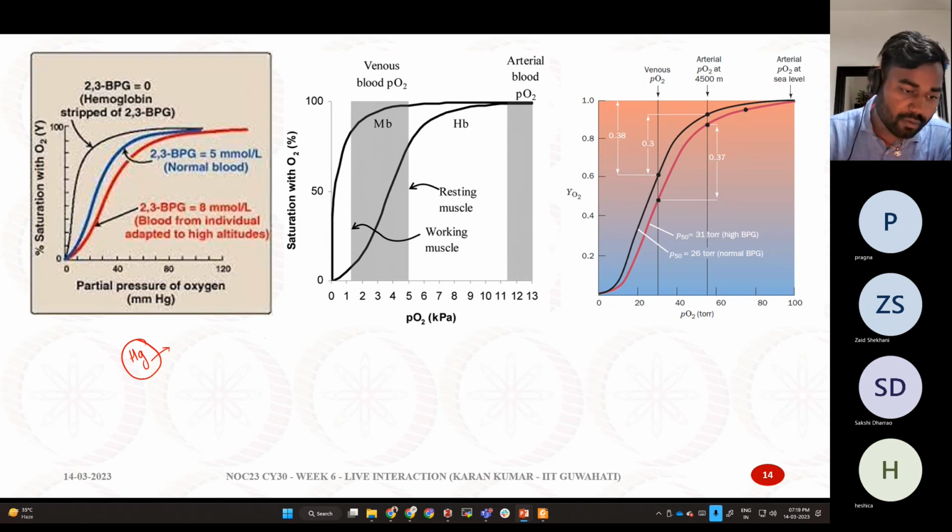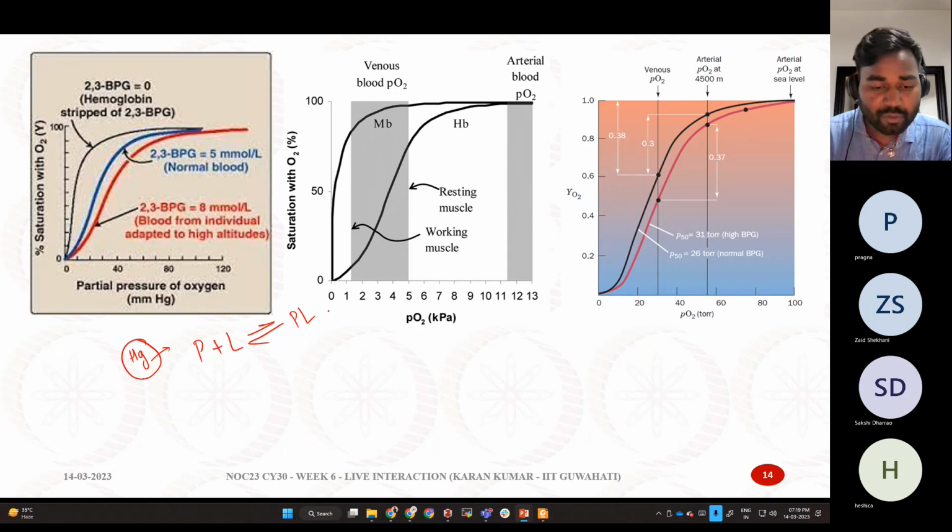When you study protein-ligand chemistry, you will see that if you want to reduce the concentration of protein-ligand bound states, you can either reduce the number of proteins or reduce the number of ligands.